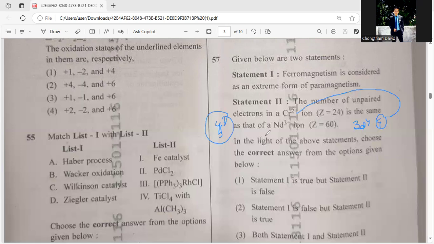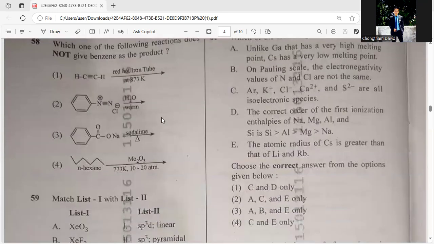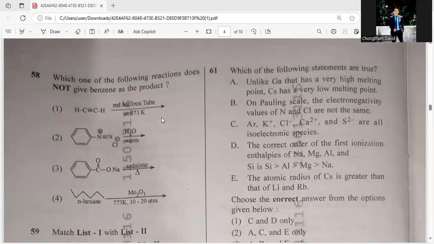Okay, let us read question number 58. Which of the following reactions does not give benzene as the product? Acetylene to benzene, yes, it can take place by trimerization. You have done this in your class 11 hydrocarbon chapter, a direct question, red hot iron tube. Benzene diazonium chloride can give benzene, yes, it can be done via reduction. 1 can be done, 2 can be done.